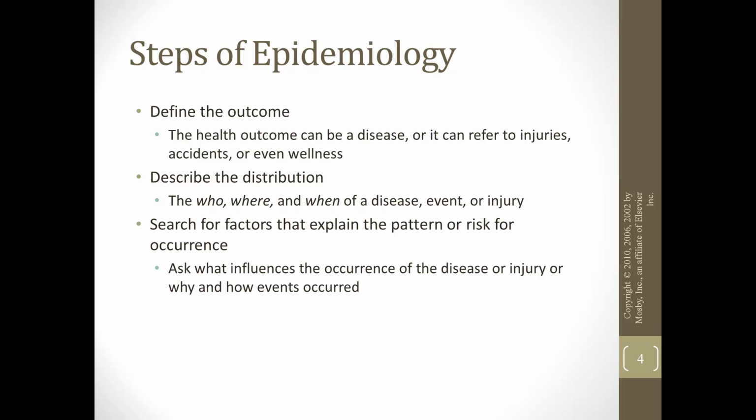In terms of what people do, they define what they want to look at. Do they want to look at injuries, incidents, wellness, disease, like heart attacks, or the likelihood of breaking one's leg? So what is the key thing? Then there's a description of the who, the where, and the when of the disease, event, or injury. Then they want to look for factors to explain the patterns or risk. What are the influences?